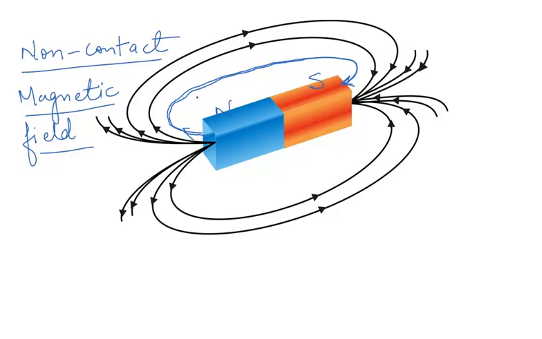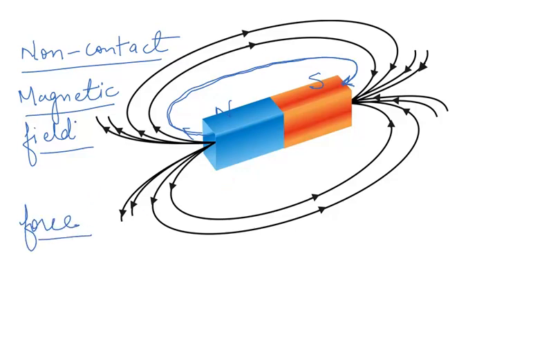And if any other magnet which has its own magnetic field comes closer to this magnet, then the magnetic field lines interact with each other. They interfere with each other. Now when this interaction of magnetic field lines takes place between the two magnets, they exert force.